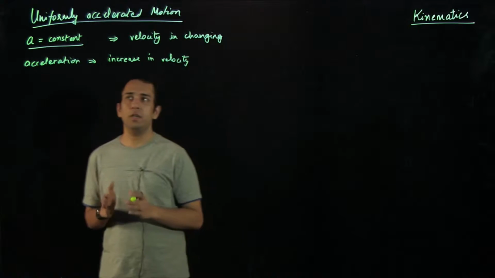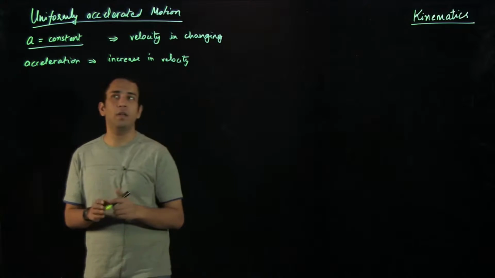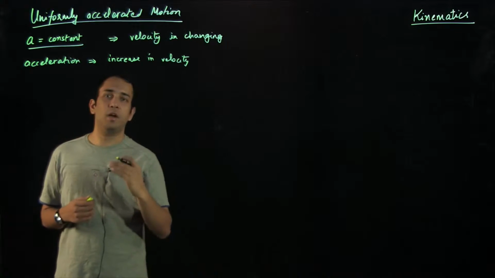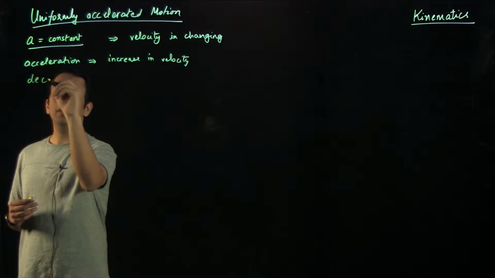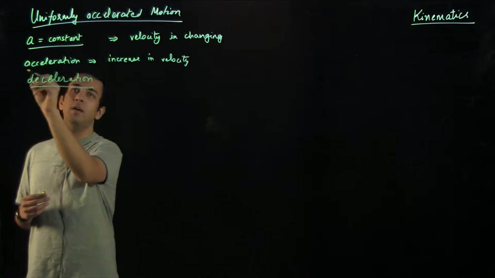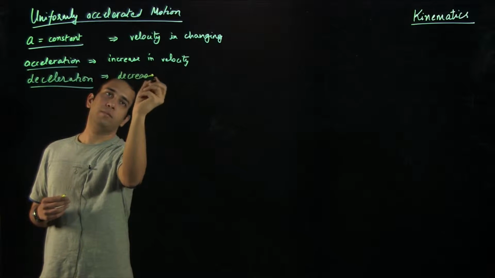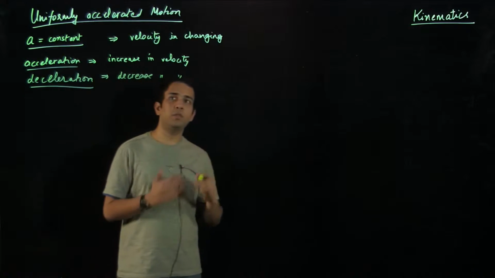If the acceleration is in the same direction as the velocity, then only the velocity will increase. And the negative acceleration, or the acceleration which is in the opposite direction to that of velocity, is known as deceleration. So deceleration leads to a decrease in velocity.